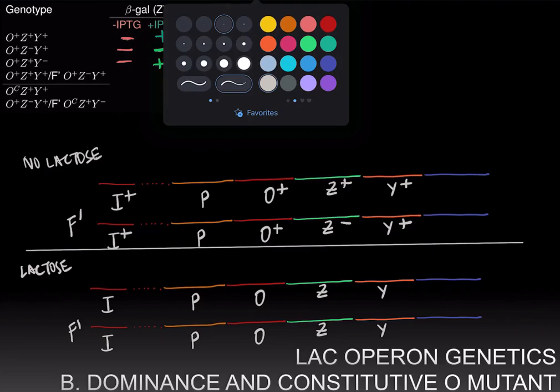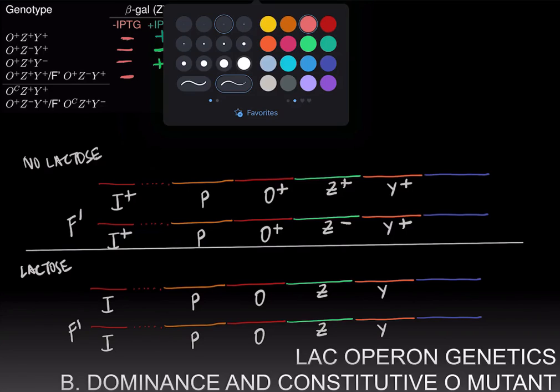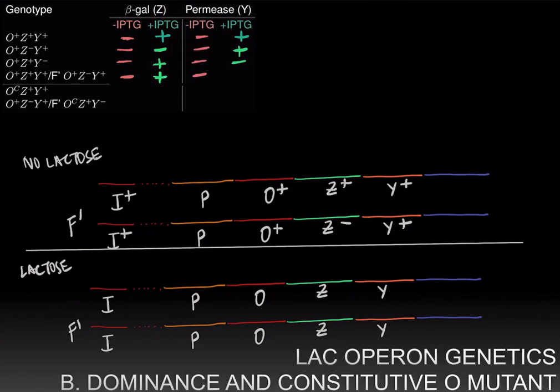When Jacob and Monod looked at the expression of beta-gal and permease under the two conditions, without lactose and with lactose, what they observed was that the beta-gal was inducible.